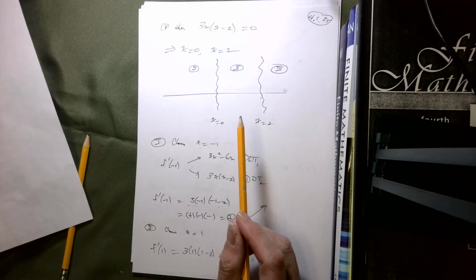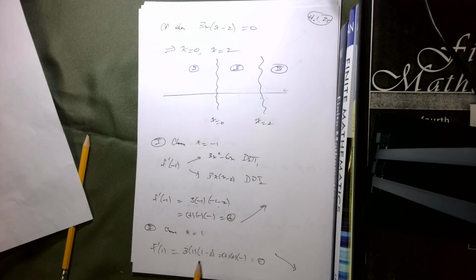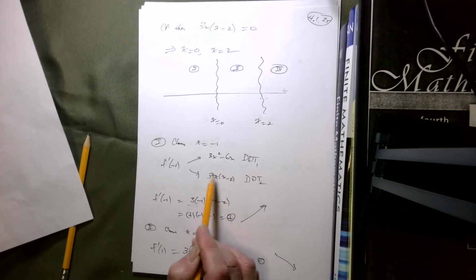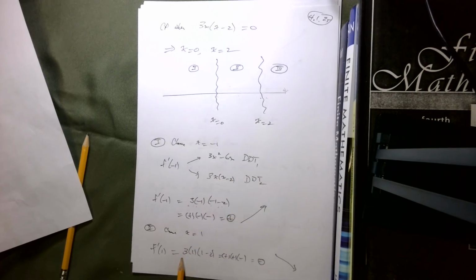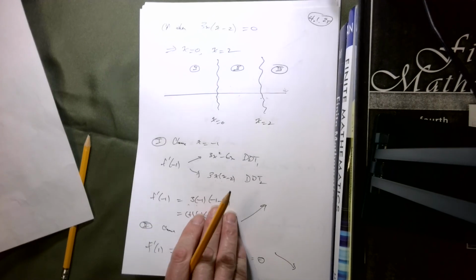If I choose the nicest number between 0 and 2, like 1, just substitute it into your first derivative. Please do not put it in expanded form. Put it in the factored form. 3 is a positive number. The test point is 1, so I'm going to put in a 1, and what happens, this is a negative number, it means it is decreasing.